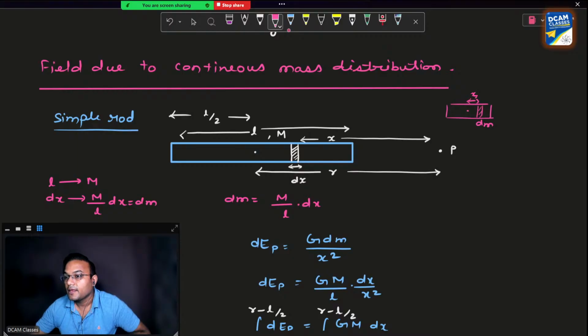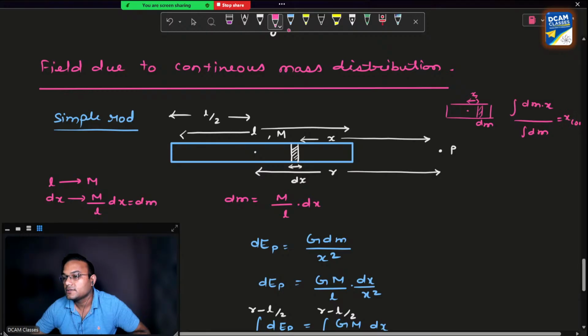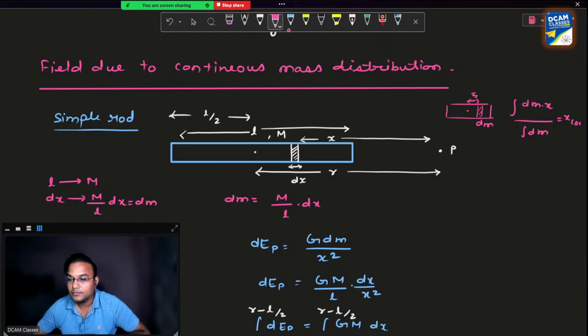Yes. So we have integrated dm into x divided by integral dm. This was x center of mass, for trying to find out the position of center of mass. But here we are trying to find out the field at point P. So we have found out the field due to this elemental mass dm at a point P, and then we have integrated.